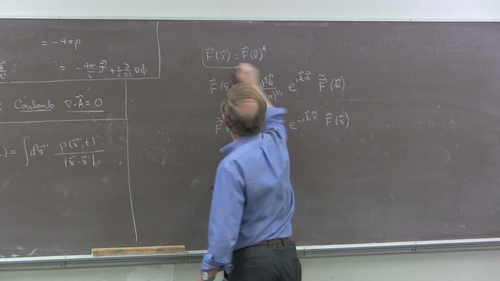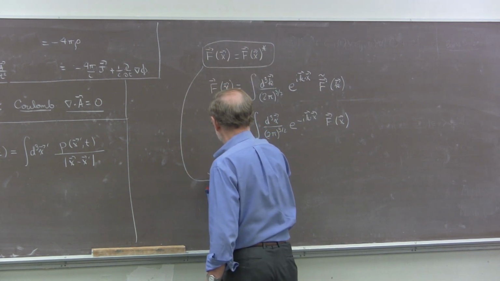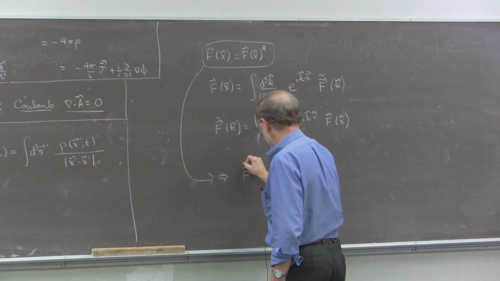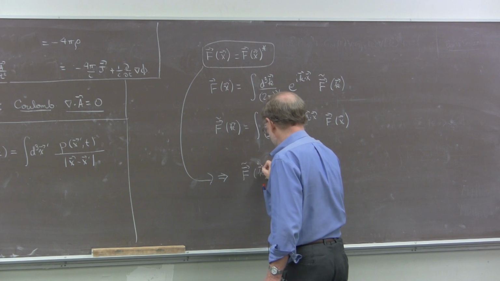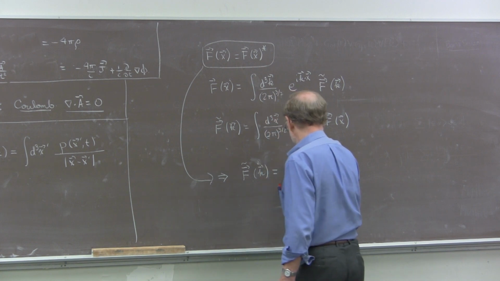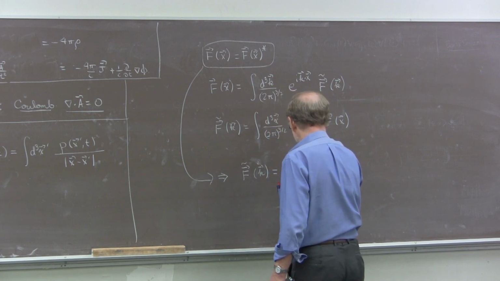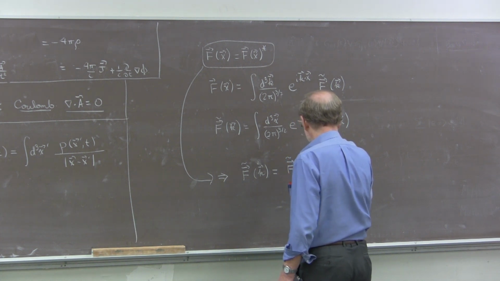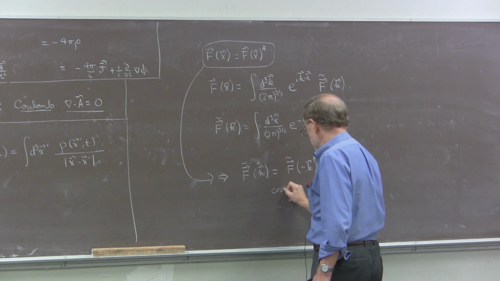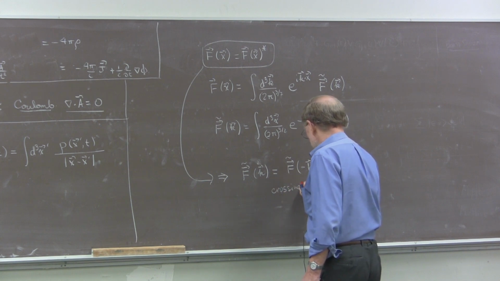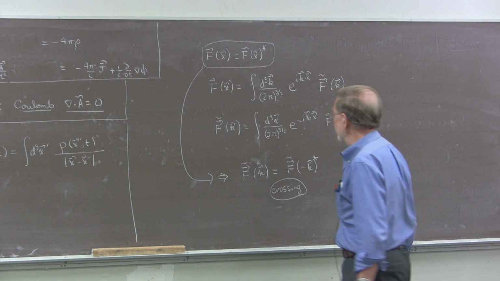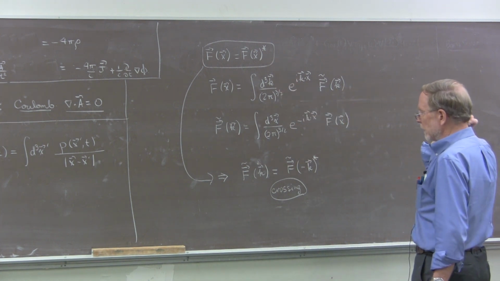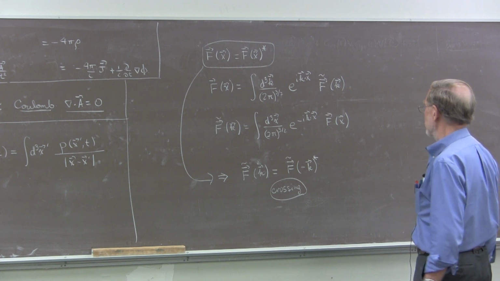And in fact, the reality condition in real space, it can be shown rather easily, implies that in k space you have the Fourier transform at a value k is equal to the Fourier transform at the opposite value of k, complex conjugated. And this is sometimes called a crossing relation. And you need to use it if you want to take into account the reality in real space. All right, so this is a definition then of the Fourier transforms.